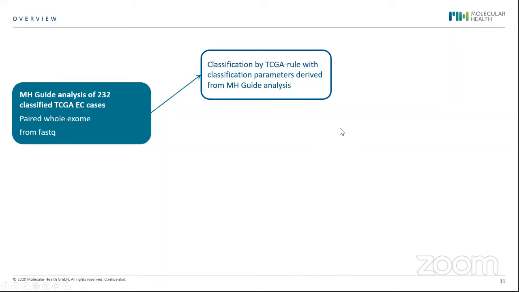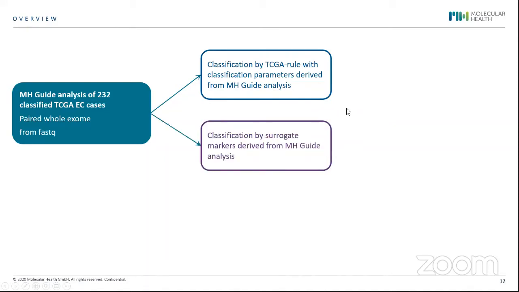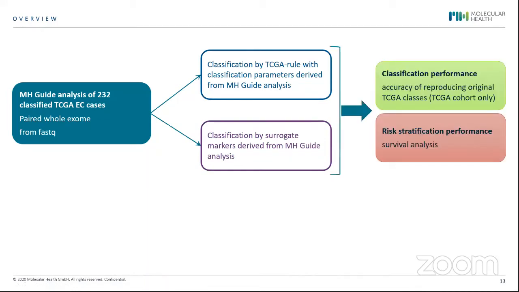We implemented this classification rule from TCGA using the classification parameters derived from our MHGuide analysis, and implemented the classification by surrogate markers also as derived from MHGuide analysis. And we will look at the classification performance, how well they reproduce the original TCGA classes, and the risk stratification, how well they actually split the patients into high and low risk.